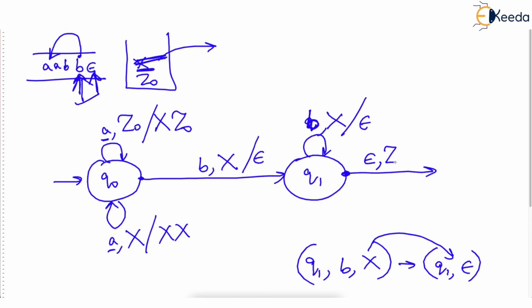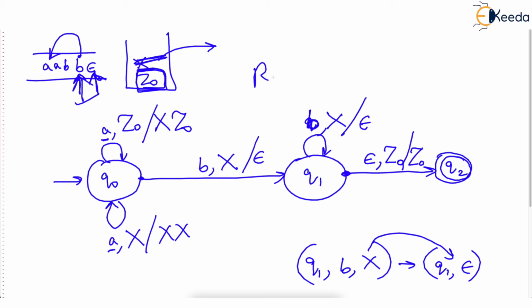Top of the stack has to be Z0. Please try to understand. If the machine reads epsilon in Q1 state, top must be Z0. That means tally has been done. And the idea is, we'll keep this Z0 as Z0. We will not make any change to the stack, and we will go to Q2, which is the final state.